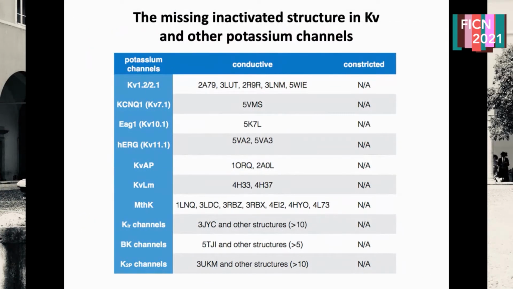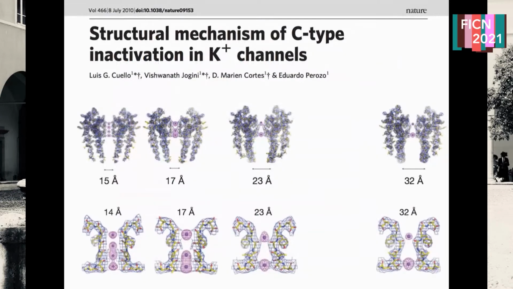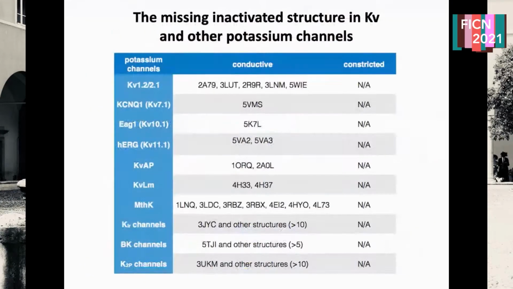It's been very frustrating, because there are now several ion channels that have been crystallized, many bacterial channels, but also non-bacterial, eukaryotic channels, and the conformation that we call the constricted conformation has so far been observed only for KcsA. And it's not available for many of those channels, even though we have crystal structures of them.